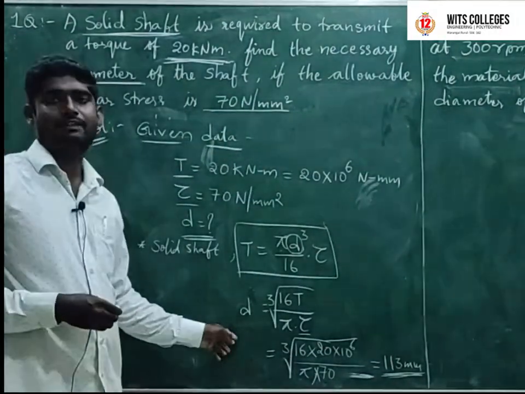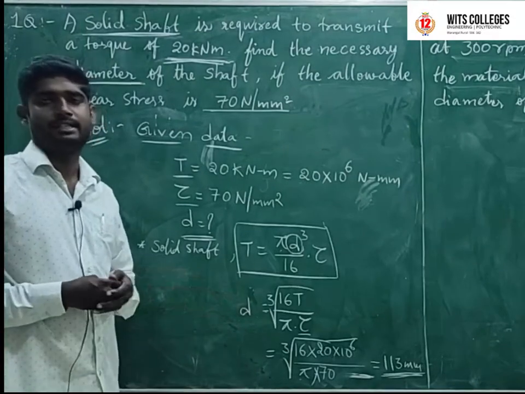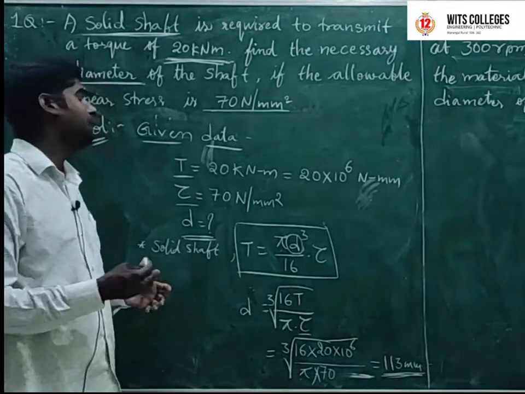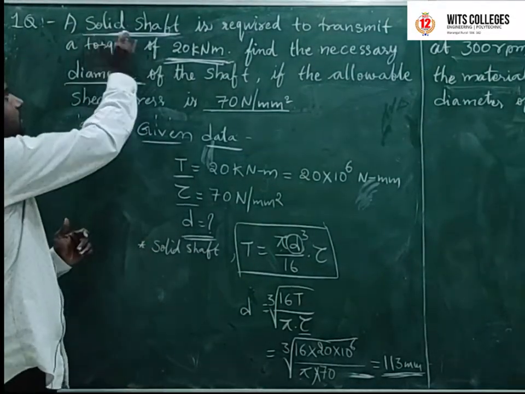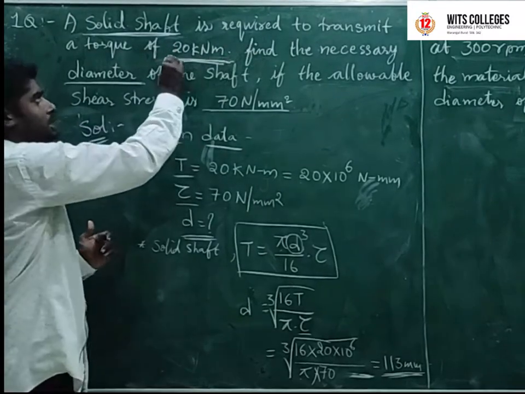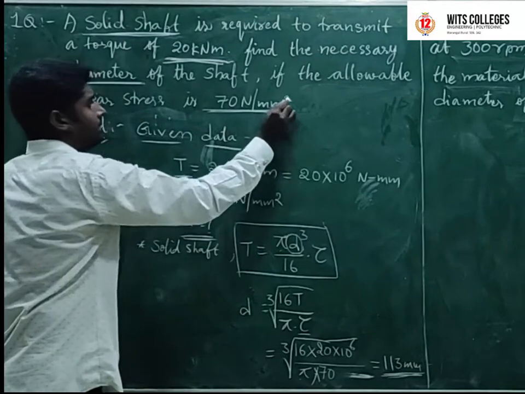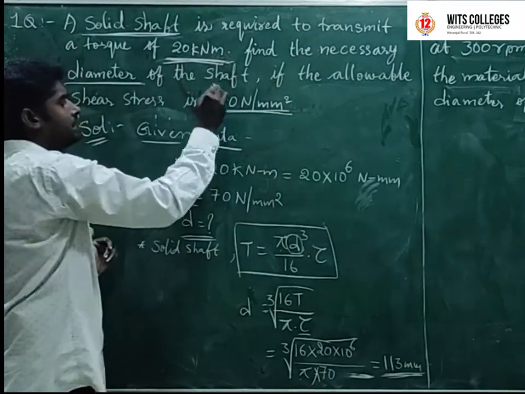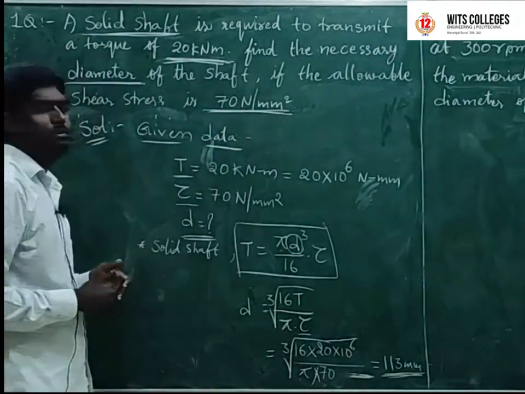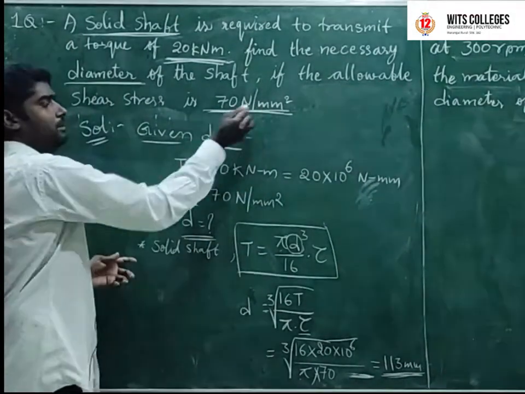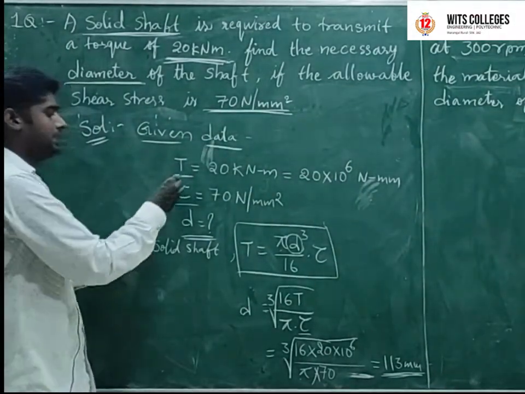Diameter is always in mm or meter. Let's see again. A solid shaft is required to transmit 20 kilonewton meter torque, and the allowable shear stress is 70 Newton per mm square. We know these two only.